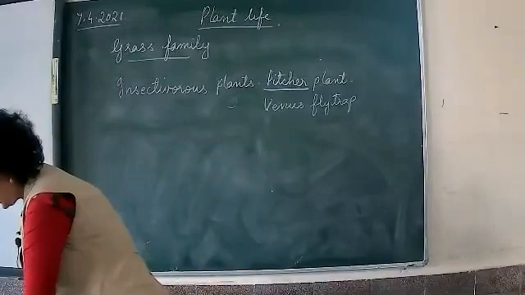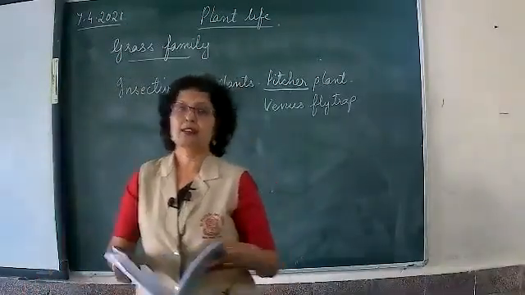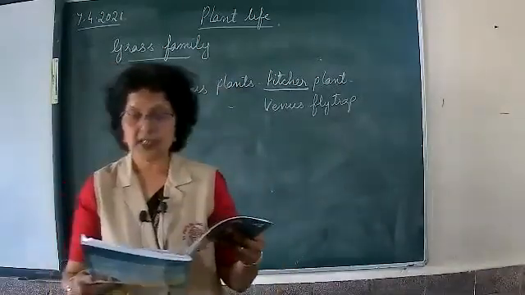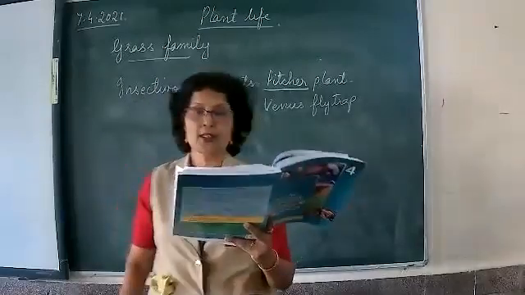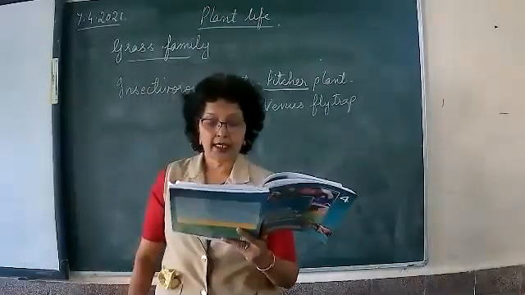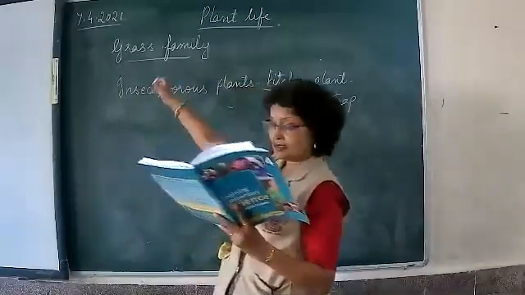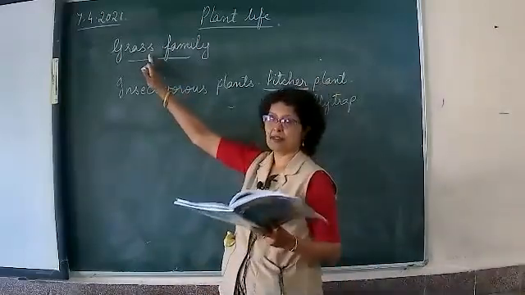Again, we can just revise. Yesterday we did parts of a plant. Today we did aquatic plants, plants in plains, desert plants, plants in cold regions, plants in hot and humid regions, plants in hilly areas, and plants in marshy areas. Then we did wheat, maize, rice, etc. We put them in the grass family.